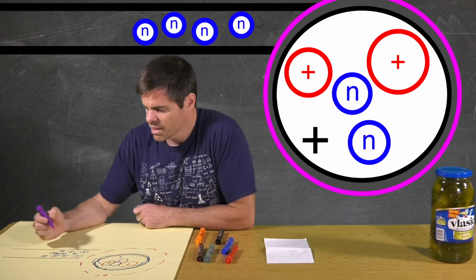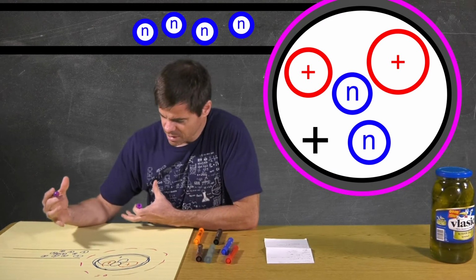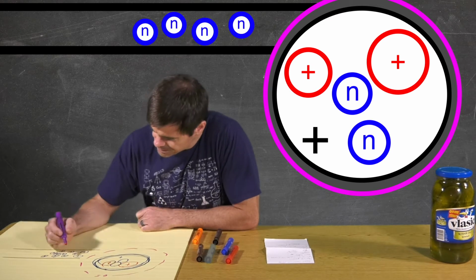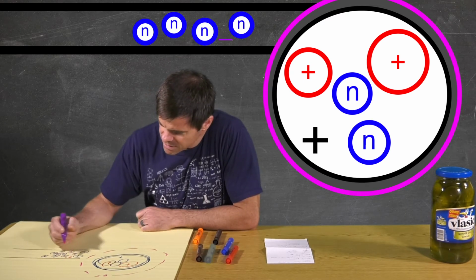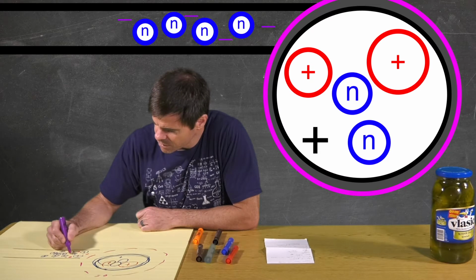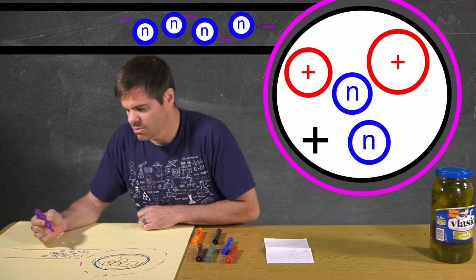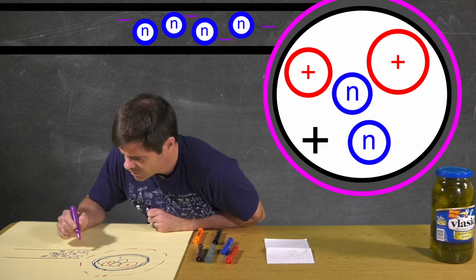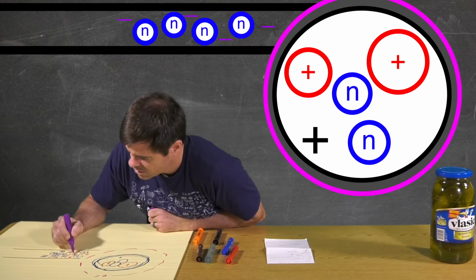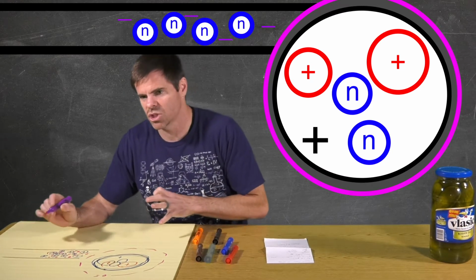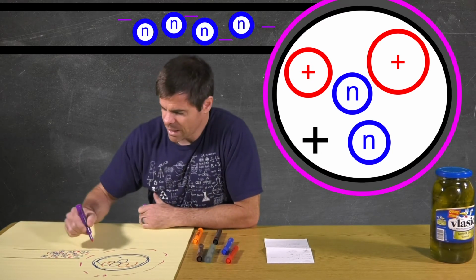Now normally, when things share electrons, they're kind of in place, and it makes solids, liquids, and gases, and all those things. But metals have electrons that can actually travel wherever they want. So they're actually sharing these electrons in between each other. They call it a sea of electrons. These electrons can move that way, or they can move that way, or they can move backwards. They can move wherever they want because they're all being shared by each other.